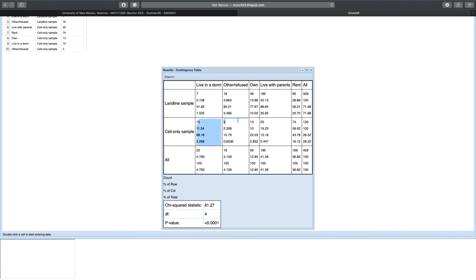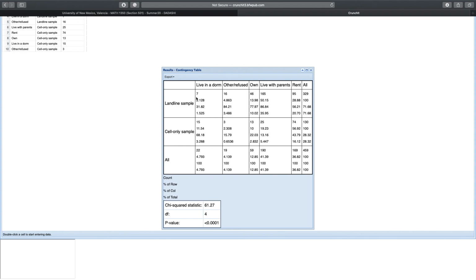If you add the first numbers in the second row, you will get 130. If you add 329 to 130, you will get 459. The same way you can add 7 and 15, which gives you 22, meaning you're adding the column counts to get a total in each column.